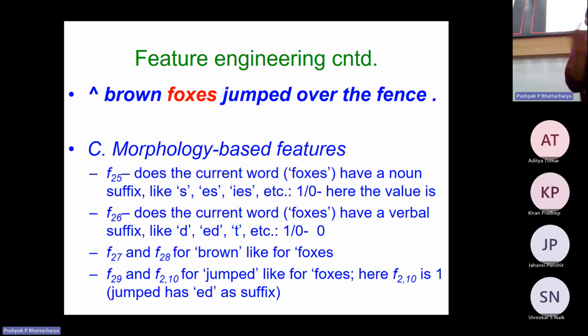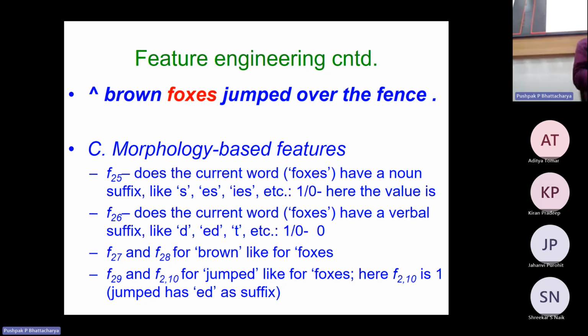It has a noun suffix. Of course, you can come back and say, how do you know that S is a noun suffix? S can be a verb suffix also, runs, for example. So yes, that problem is there. There is disambiguation needed at every level. Similarly, IES, ES, they can be verb suffixes also.